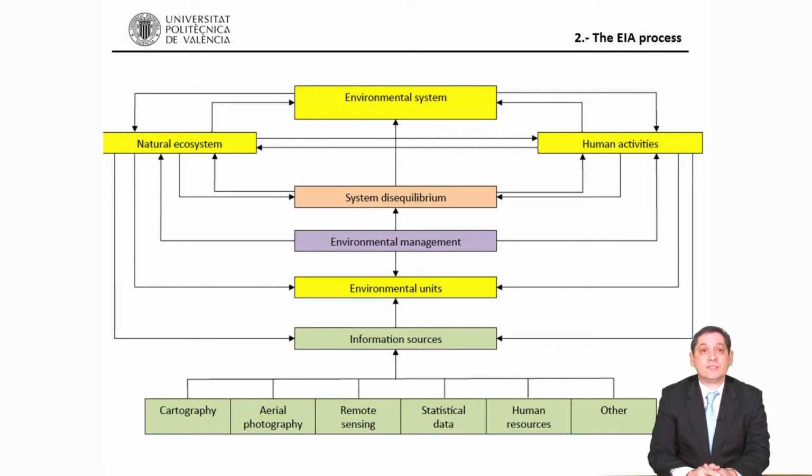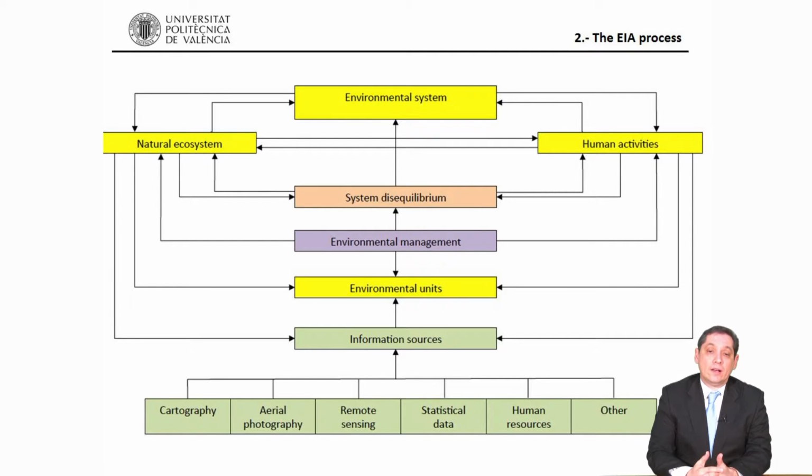The environmental system is complex, and it includes the natural ecosystem and all the human activities which are done inside them. The environmental management analysis tries to understand all the disequilibriums that human activities induce on the natural ecosystem. This environment comprises every possible unit.